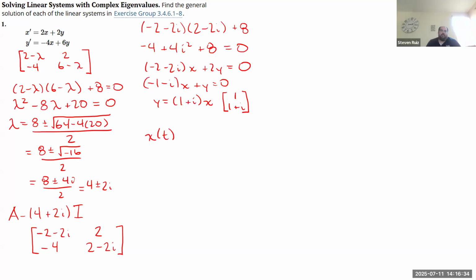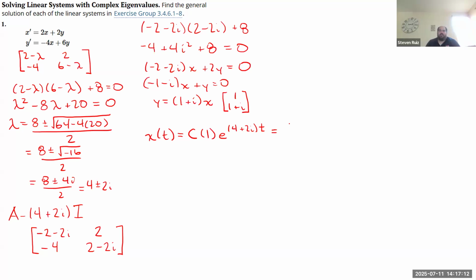x of t is going to be equal to, for right now, capital C times what though? The first component of my eigenvector is 1, times e to the lambda t. What's our lambda? The lambda we chose is the positive one, 4 plus 2i, times t. So what happens when I raise e to this complex number times t?